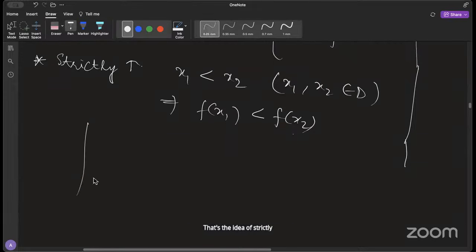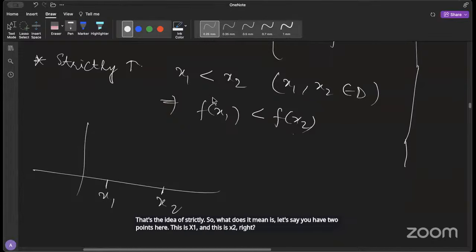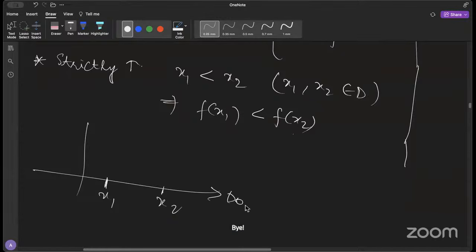So what does it mean? Let's say you have 2 points here. This is x1 and this is x2, right? If x2 is strictly greater than x1, then this is what they look like. You take the domain on this side and your range or codomain on this side. So you have x1, x2 strictly greater than x1, then let's say your f(x1) is here.